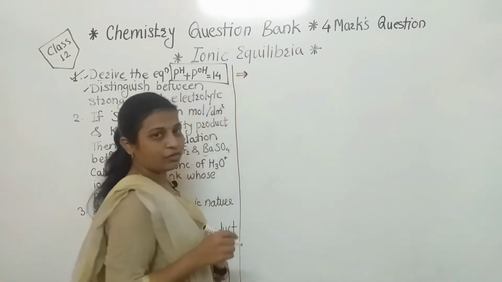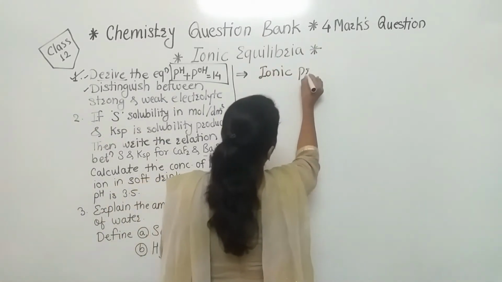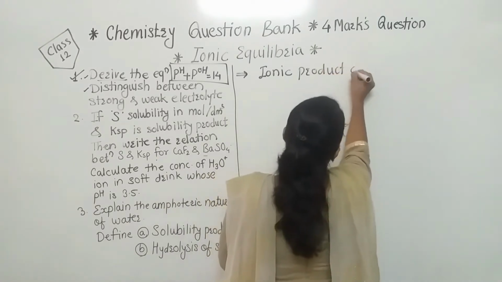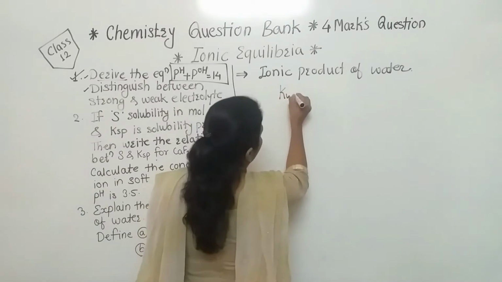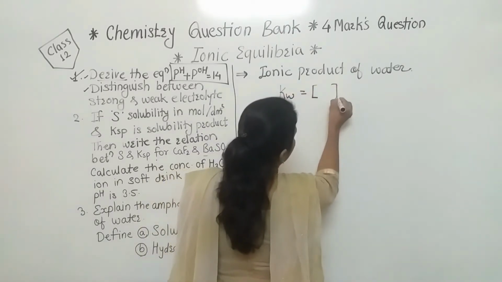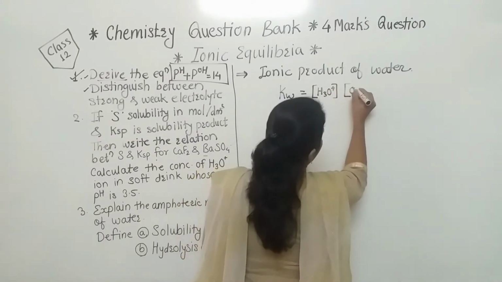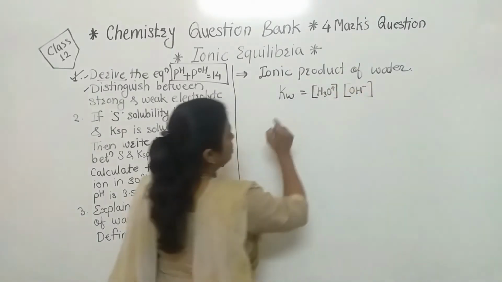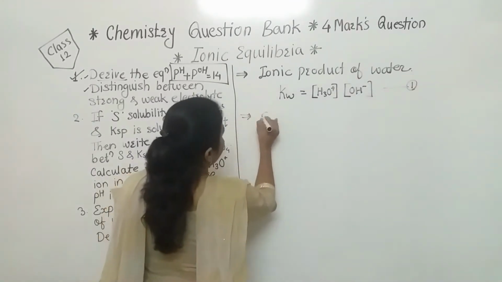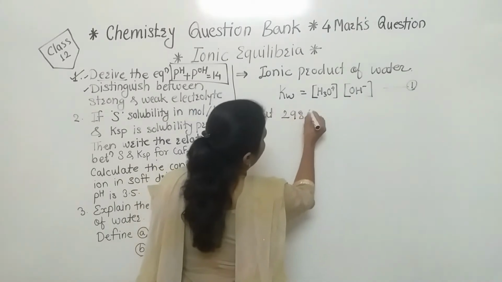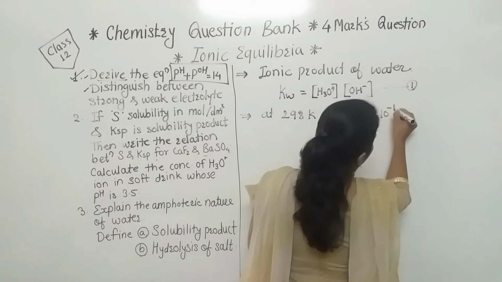So firstly for that one, as we know that ionic product of water is nothing but the Kw. Kw is equal to concentration of H3O plus into concentration of OH minus. This is the Kw. As we know that at 298 Kelvin, Kw value is 1 into 10 raised to minus 14.